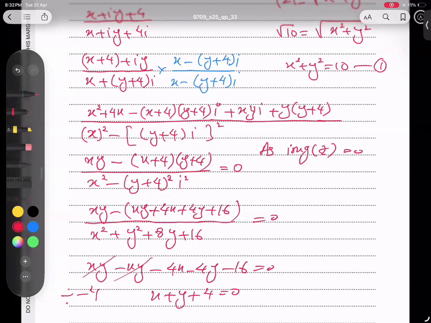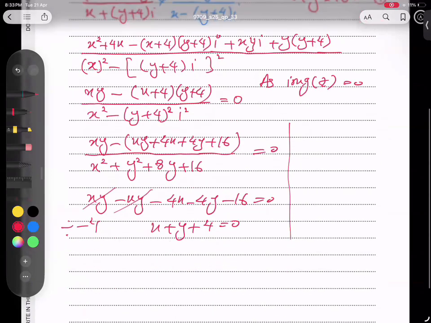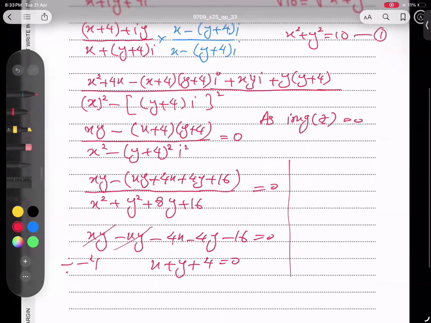So now I'm going to get two equations. You can see clearly. And now we are going to solve them simultaneously. Okay, and inshallah we get our answer. So how to solve them? I'm going to make x the subject or y the subject from here, no problem at all.